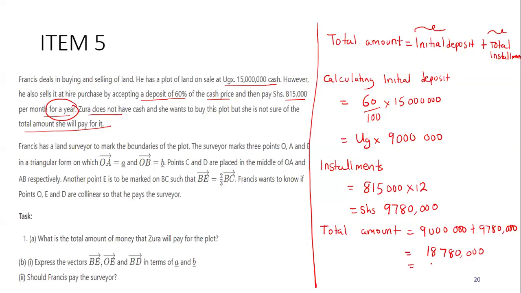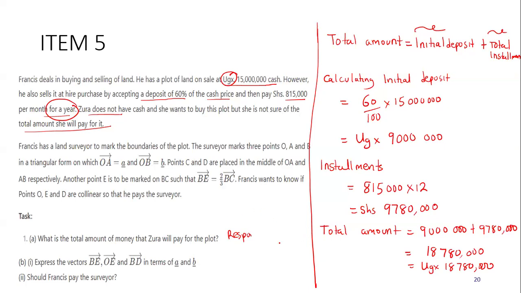Since the total amount to be paid must be in UGX, I'll say UGX 18,780,000. But here you have obtained your answer, but you have not made a conclusion. So you make a conclusion and say that the total amount of money that Zula will pay for the plot of land is 18,780,000 Ugandan shillings.